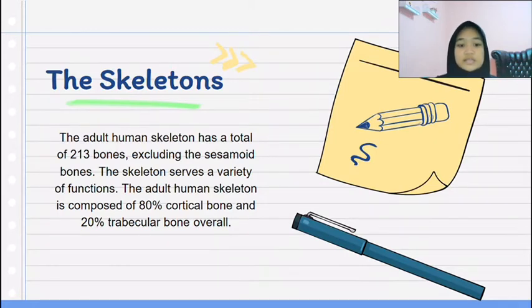The human skeleton is composed of 80% cortical bone and 20% trabecular bone overall.